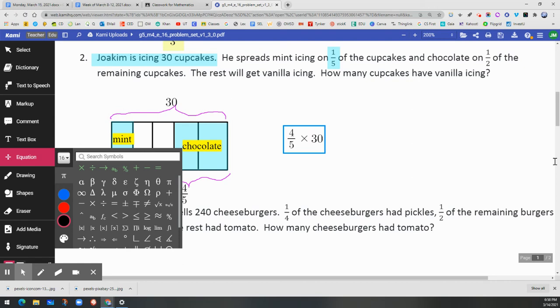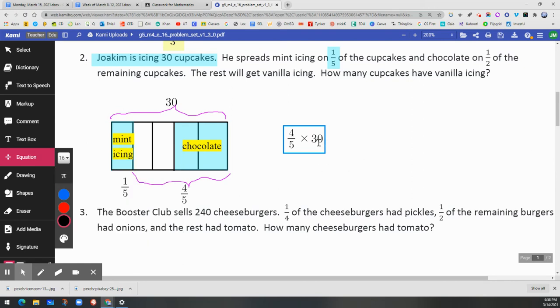Now remember that when we have a whole number times a fraction, we write the 1 that is always there but is never utilized until we multiply it by a fraction. All right, so we can do two things right here. We can look at the numerators 4 and 30, and the denominators 5 and 1. I noticed that 30 and 5 can both be divided by 5.